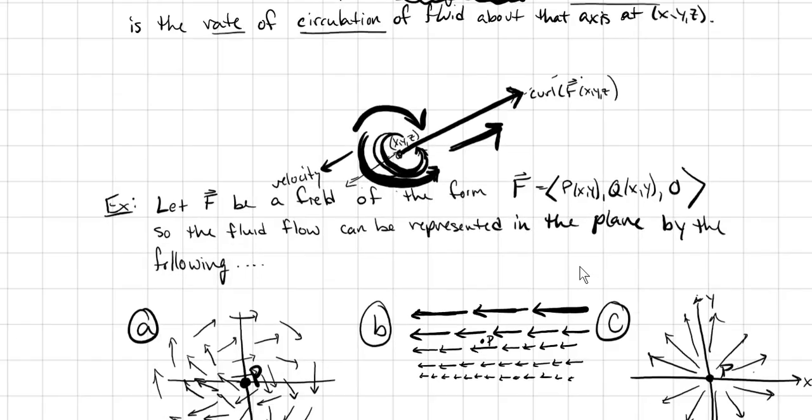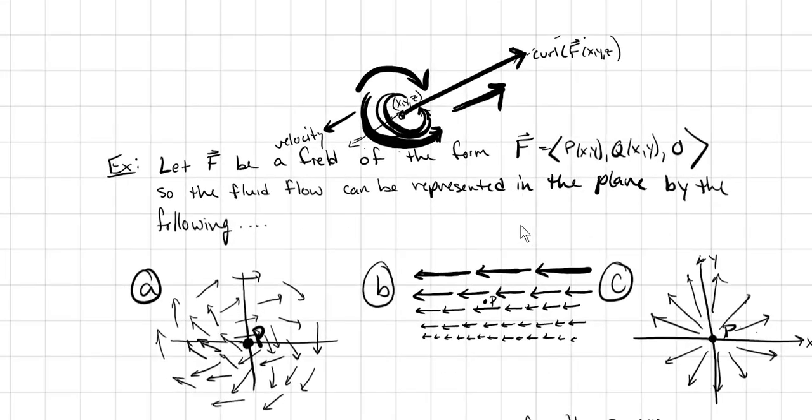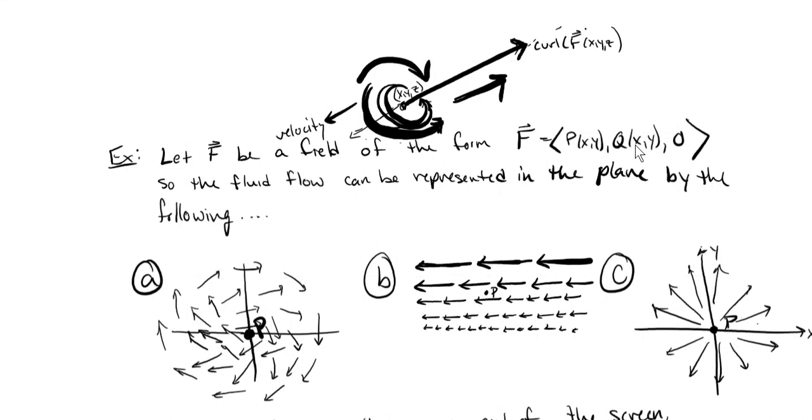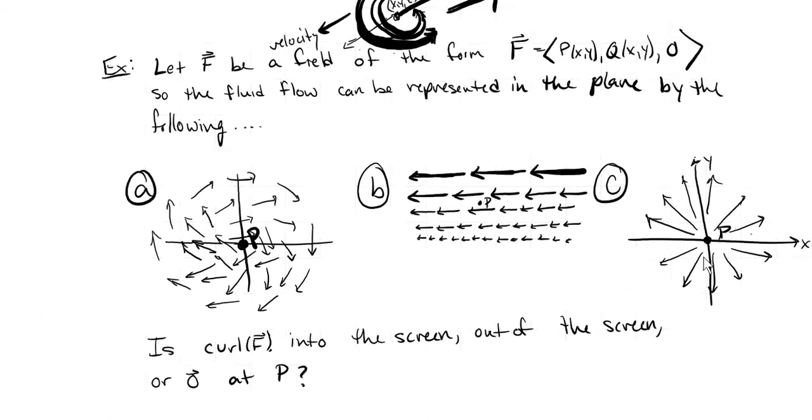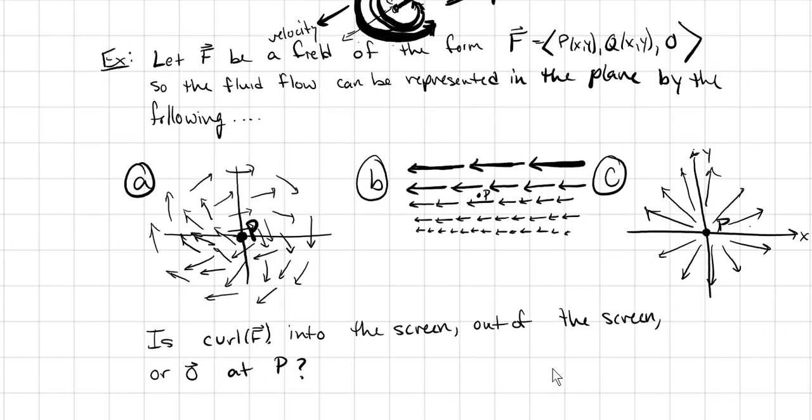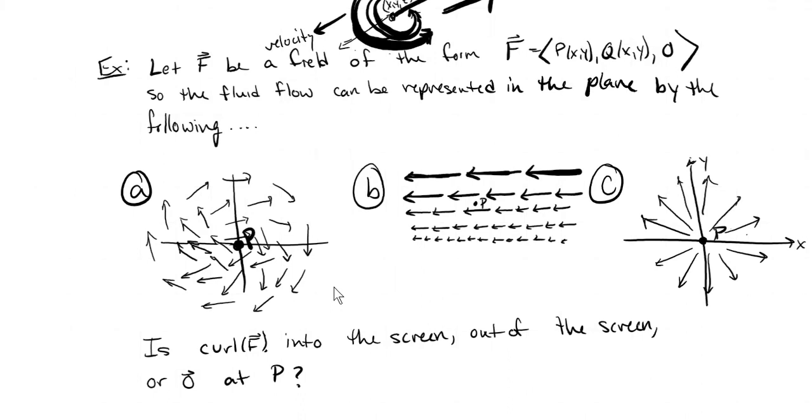So I want to think about, in a situation like that, taking a snapshot, just a picture in the xy plane, for some fields of this form, assuming it's the same in all other planes of z, and figure out whether the curl vector at the points I've marked in these pictures points into the screen, out of the screen, or equals 0.